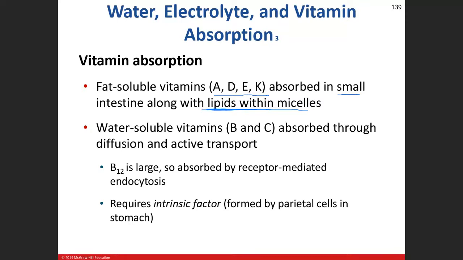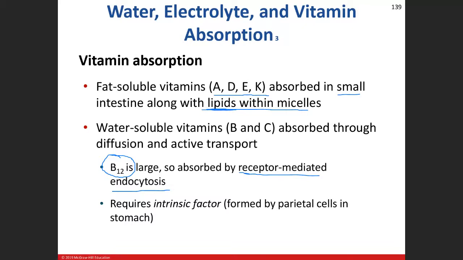Keep in mind B12, we need that for the production of normal red blood cells, but because it's so large, it requires receptor-mediated endocytosis. You probably don't remember this; it's the third type of active process, and it's how a cell takes something from the external environment to the internal environment. Basically, vitamin B12 will be absorbed through an interstitial fluid water droplet kind of formation.